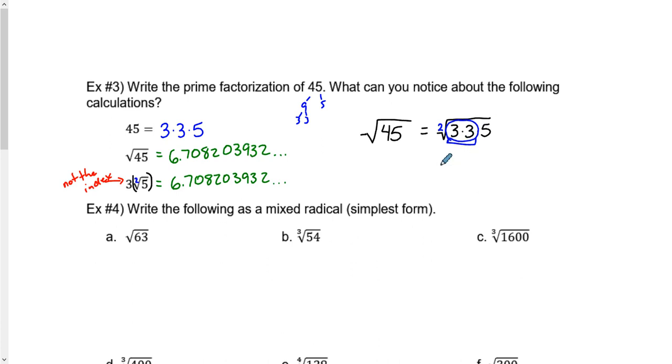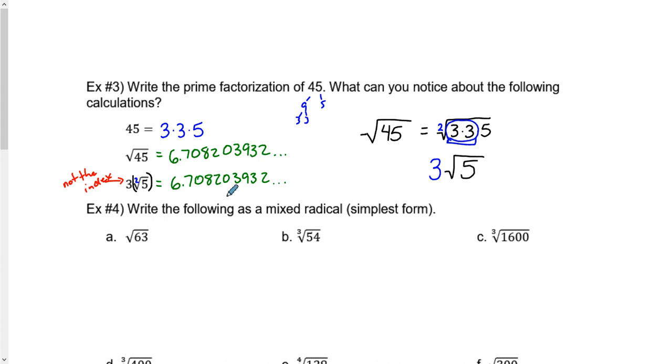So we're going to take that 3 and put it in front. And all we're going to do is write down what is remaining. In that case, the square root of 5.